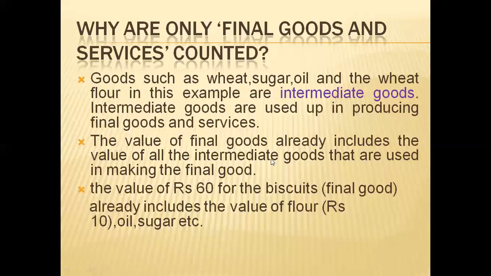Means on the basis of expenses on raw material, we finally calculate the price of final goods, as well as including the profit margin. So it includes the price of intermediate goods as well. For example, the value of rupees 60 for biscuits, that is the final good, already includes the value of flour, oil and sugar.